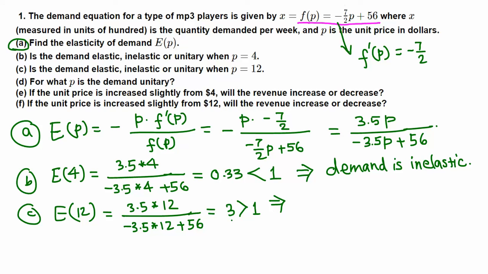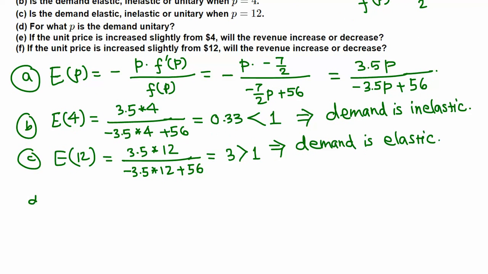And when the elasticity of demand is bigger than 1, that means the demand is elastic. So when the demand is elastic, if we increase the price a little bit, then the revenue decreases.